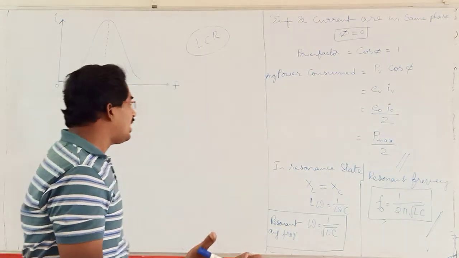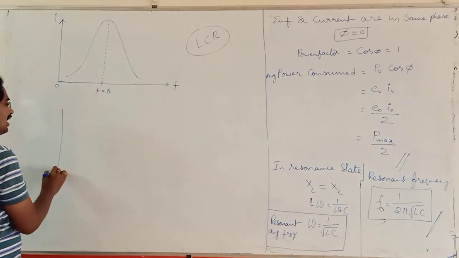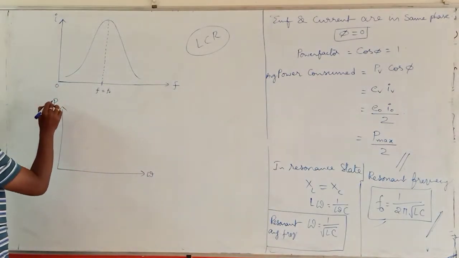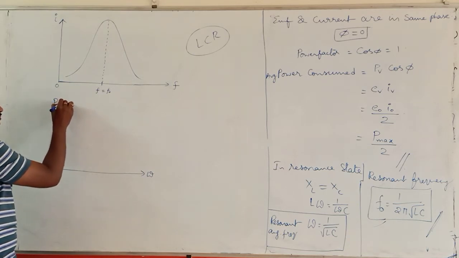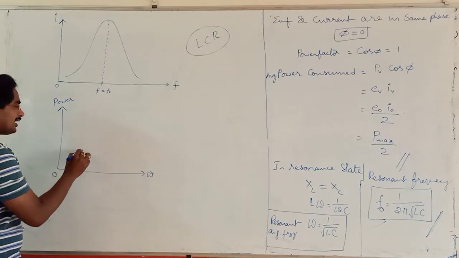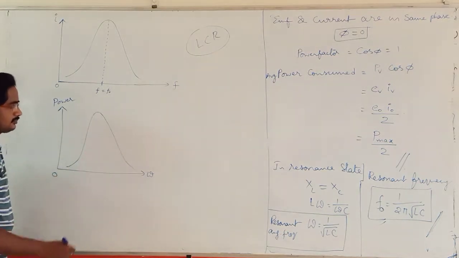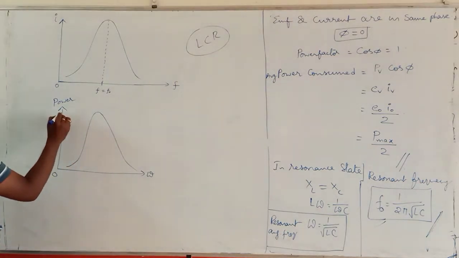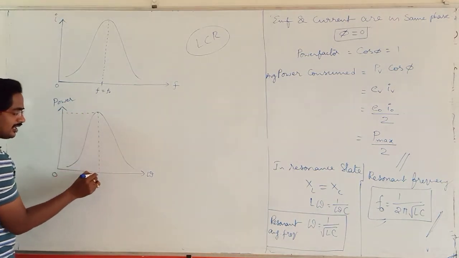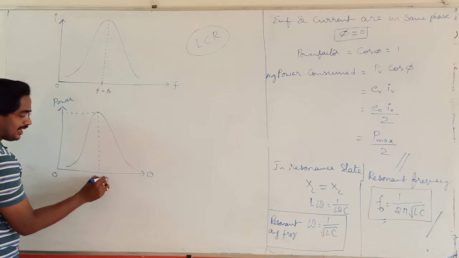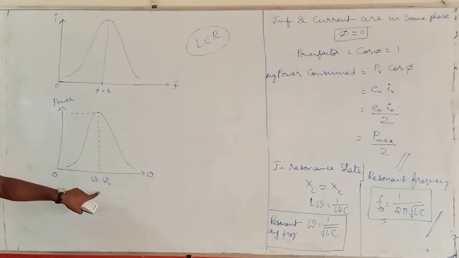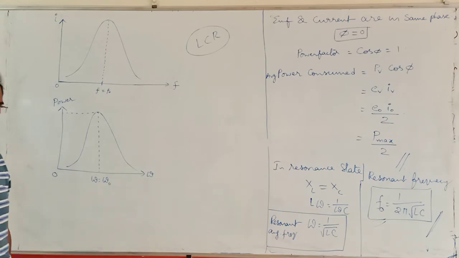And you may draw the graph even for angular frequency and power consumed. Then also the curve we get is like this. The frequency corresponding to maximum power consumption is called the resonant angular frequency.